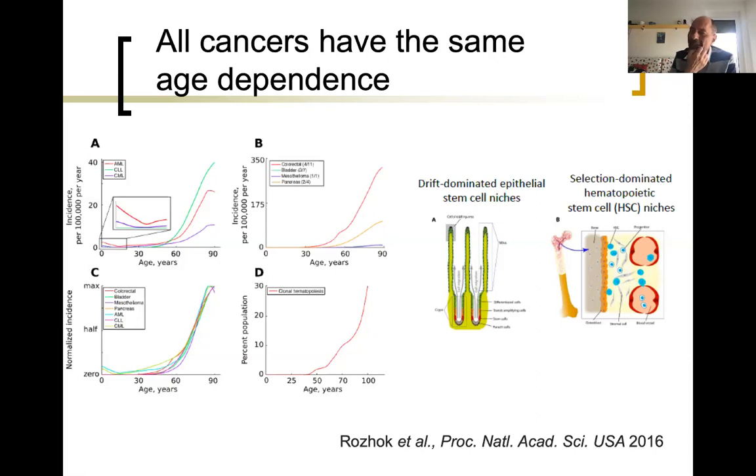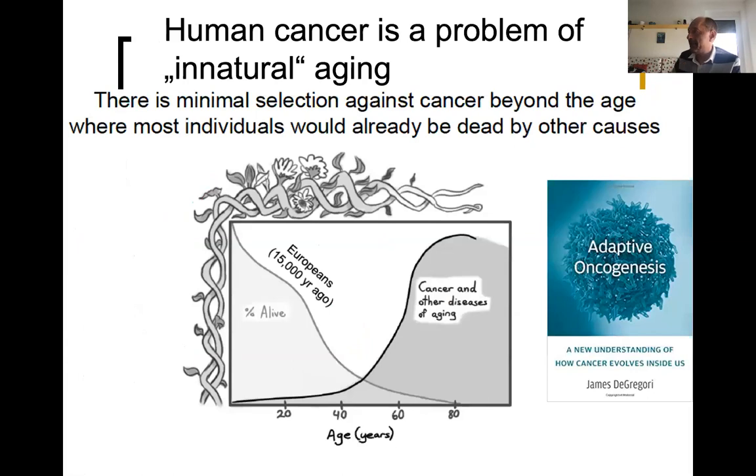And interestingly enough, we call it aging after 50 years now. But if you look at the old times, at the survival curve in Europe 15,000 years ago, the fraction of people reaching more than 60 years was totally negligible.